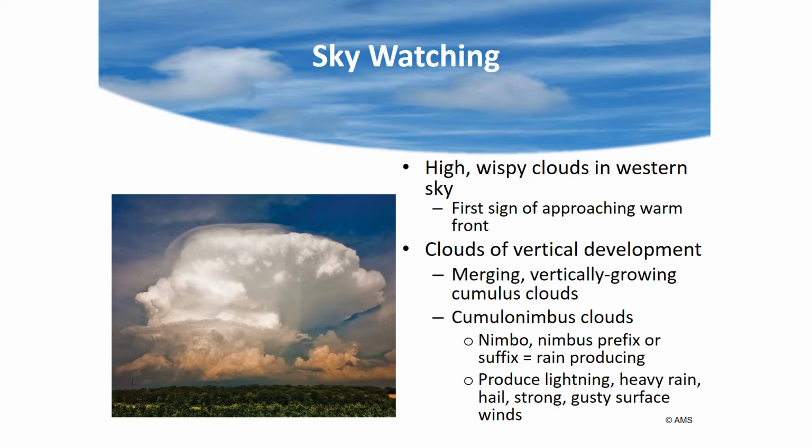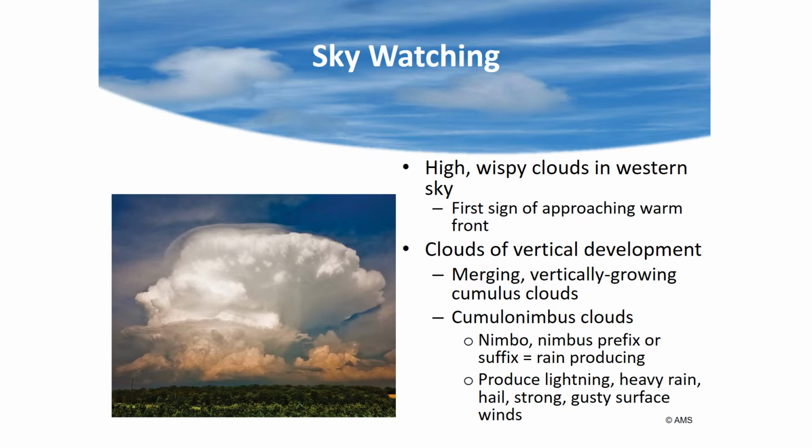The high wispy clouds in the western sky is usually the first sign of an approaching warm front most of the time, but any kind of frontal boundary will start off with usually high, thin clouds approaching and filling and thickening up. And then clouds of vertical development are emerging and vertically growing cumulus clouds, which will eventually evolve into what the picture you see here is, a cumulonimbus.